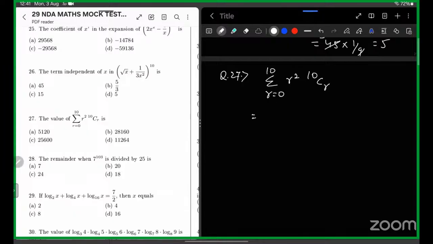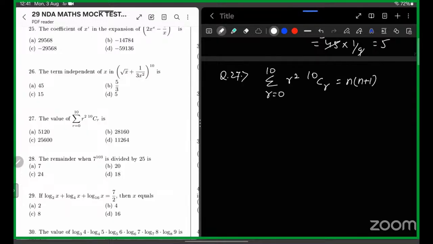By solving it, r squared can be written as 1 squared, 2 squared, 3 squared, 4 squared, up to 10 squared.